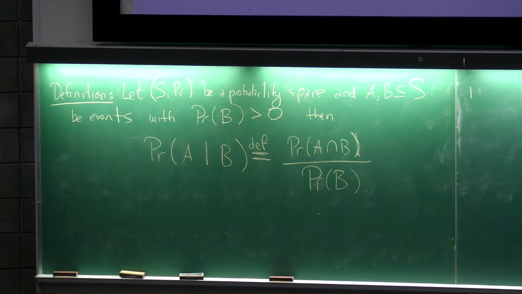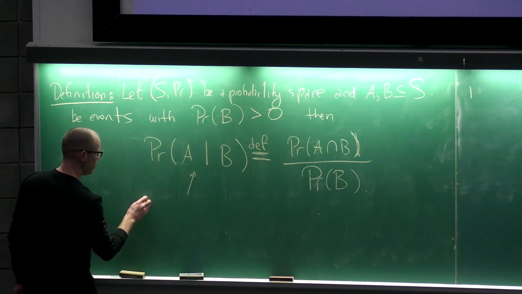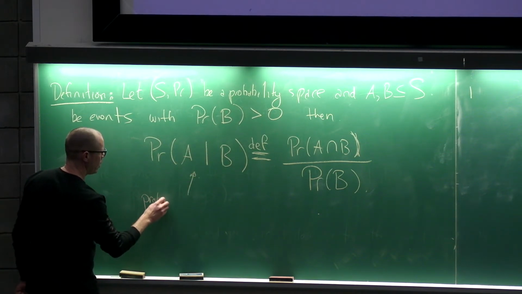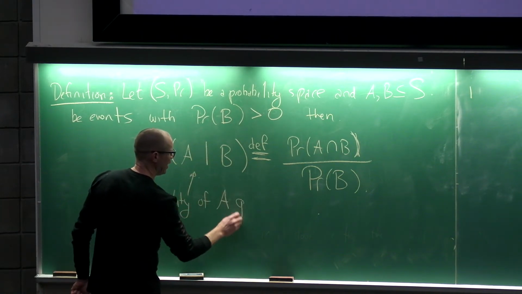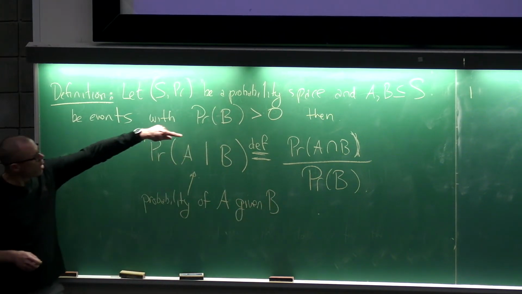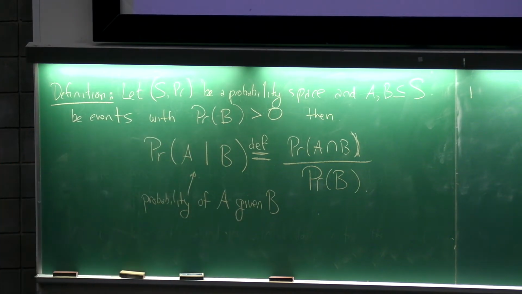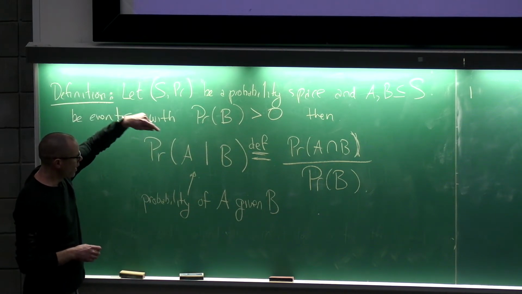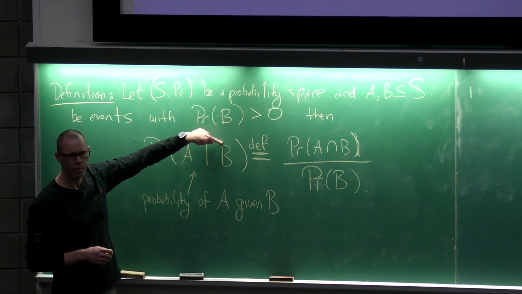Okay. So what does this tell us? This thing here, when you read it out loud, you read this as probability of A given B. So this vertical bar here is like the word given. And intuitively, it's asking, what is the probability of A if I tell you that B happened?